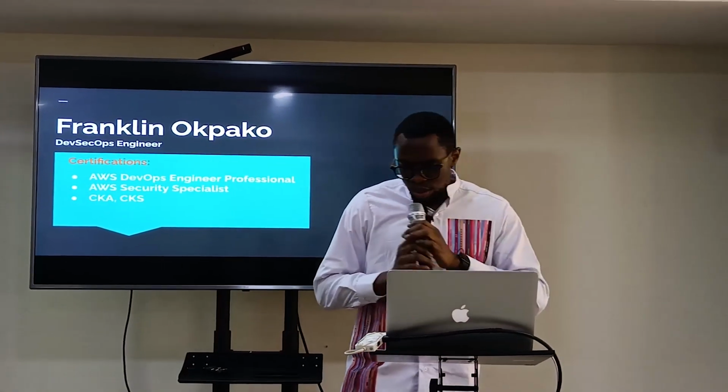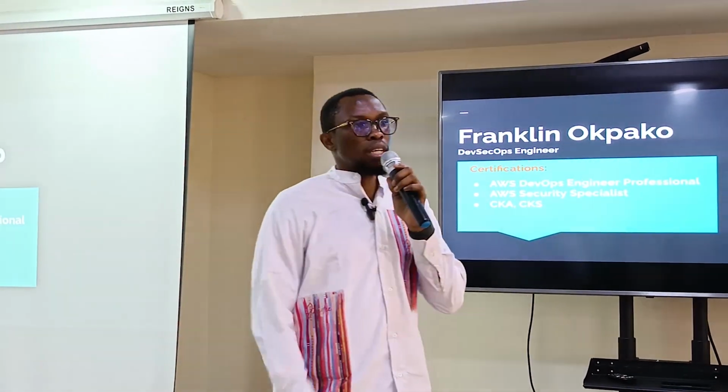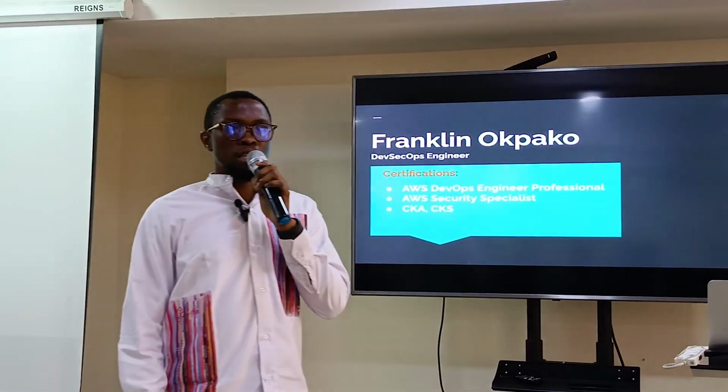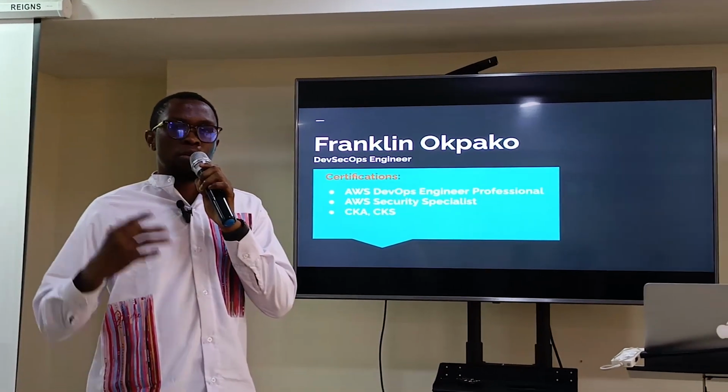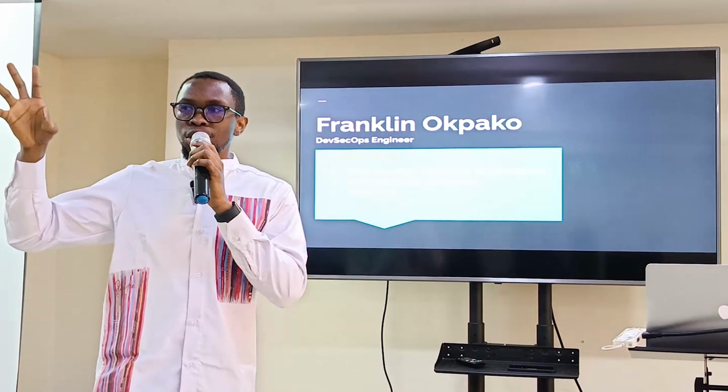What this talk would be about is I'm going to give you a rundown of what you should expect. Every now and then there's something called software security and the supply chain.